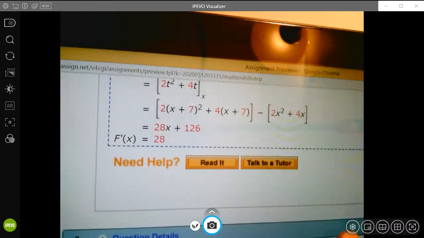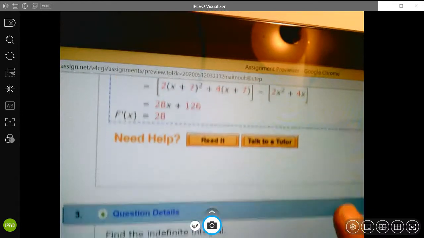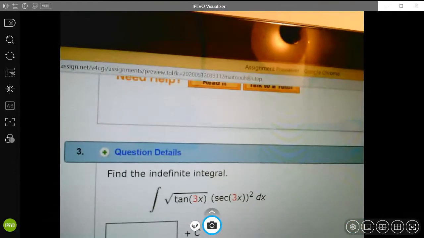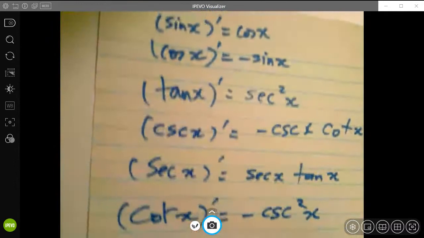Okay, number 3. Number 3 is this one, square root of tangent times secant squared. Here we want to test if you know the derivatives of trig functions. The trig functions look like this, remember.